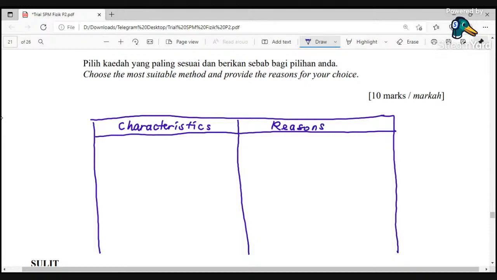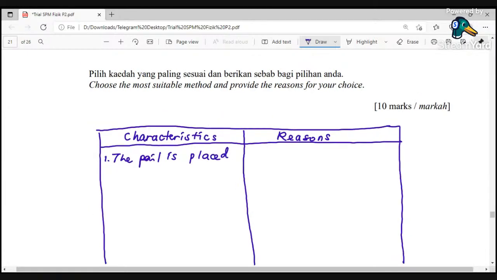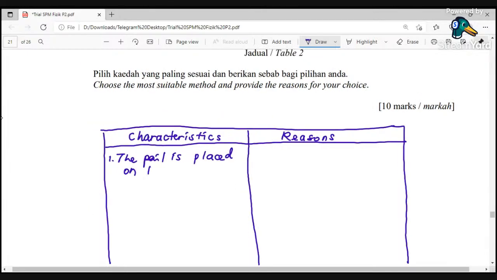Okay, the first one we will discuss about position of the pail. The pail is placed on the floor. Okay, don't just write on the floor. Write completely. Like the position of pail is on the floor.